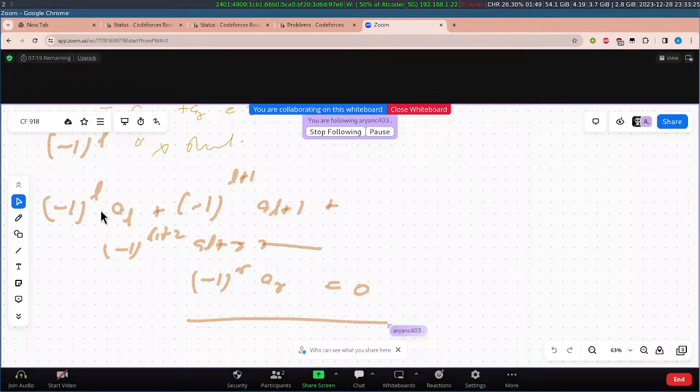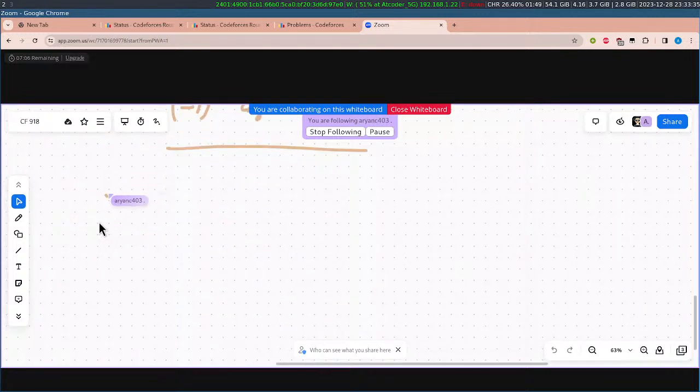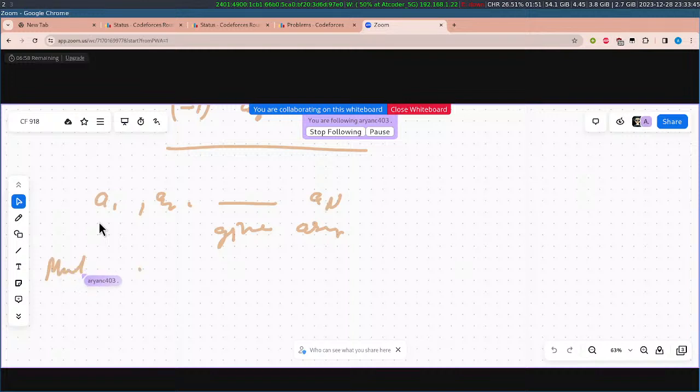Now, once you have noticed this, we have an idea of a prefix sum array. What we really need is, if A1, A2 is the given array, replace AI with minus 1 to the power I, AI, and we have to find some subarray such that its sum is 0.